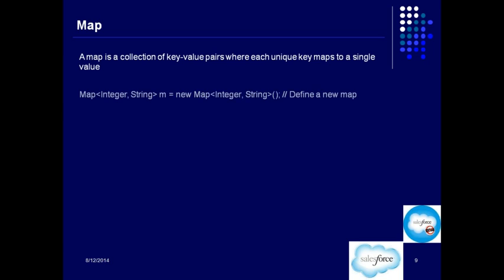There is another thing which is called a map. Okay, so a map is a collection of key value pairs where each unique key maps to a single value. Think of a collection of, say, countries and capitals.